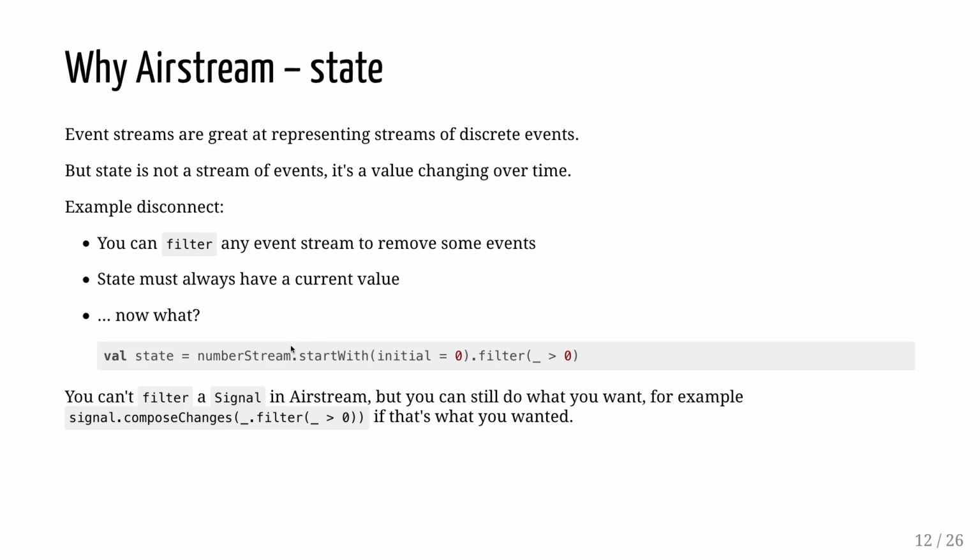For example, if we take a stream of numbers and we create a state from it starting off with 0, and then we say filter that state to only include positive numbers. Well, that's a contradiction, right? State always needs to have a current value, but the initial value will not pass this filter.